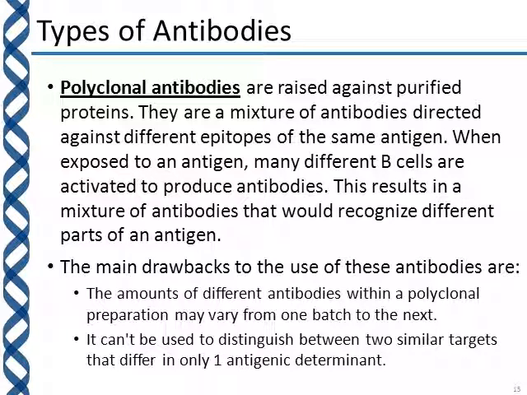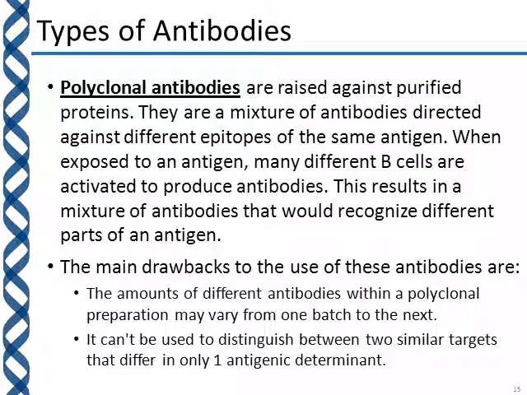If you'll recall, in the previous figure we showed the model antigen which contains 7 different epitopes. So it is entirely possible that you will obtain 7 different antibodies, and this mixture would be called polyclonal antibodies.